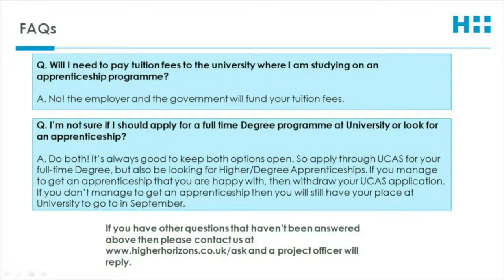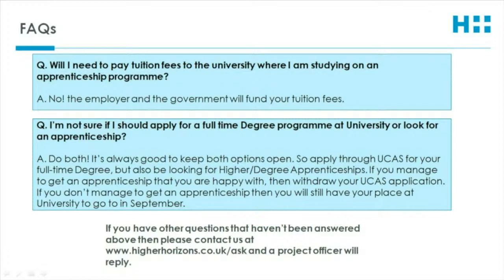I'm not sure if I should apply for a full-time degree programme at university or look for an apprenticeship. There's nothing to stop you applying for both. It's always good to keep both options open. So apply through UCAS for a full-time degree, but also be looking for higher or degree apprenticeships. If you manage to get an apprenticeship that you're happy with, then you can withdraw your UCAS application. That's absolutely fine.